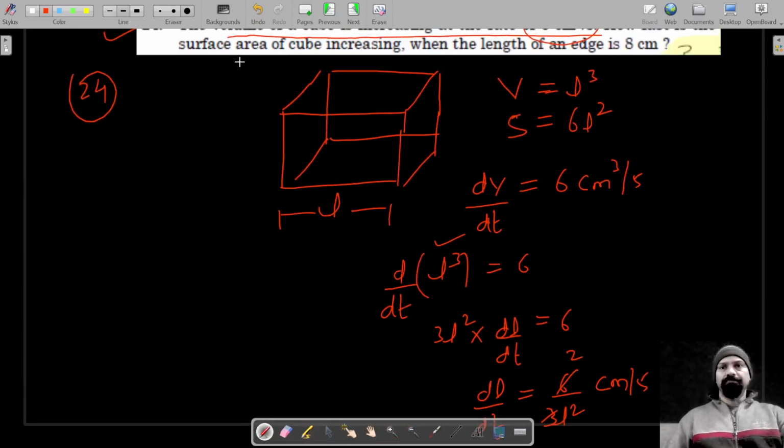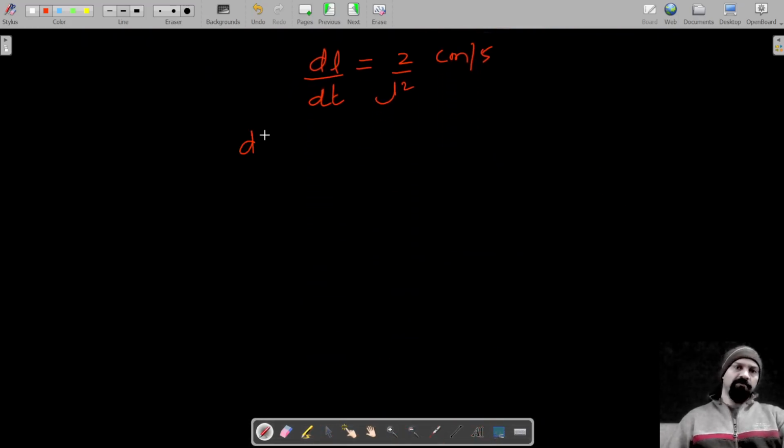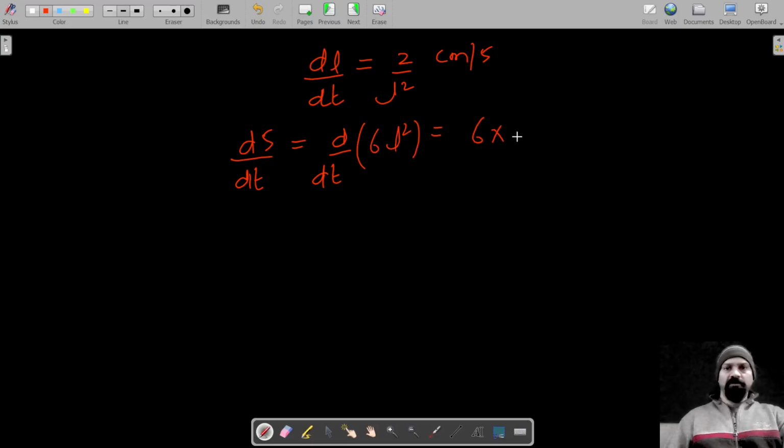But we have to find how fast the surface area of the cube is increasing. That means we have to find the rate of change of the surface area. Now the total surface area is 6 into L square. So 6 stays out, and differentiation of L square with respect to t is 2L into dL by dt.